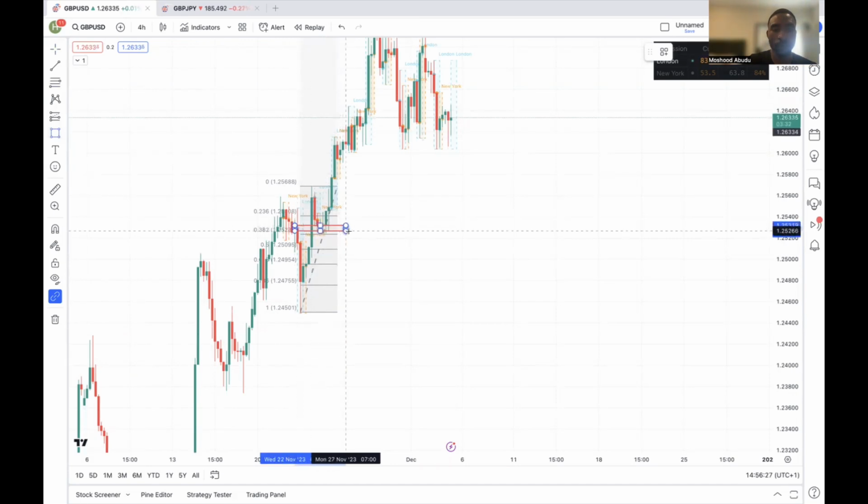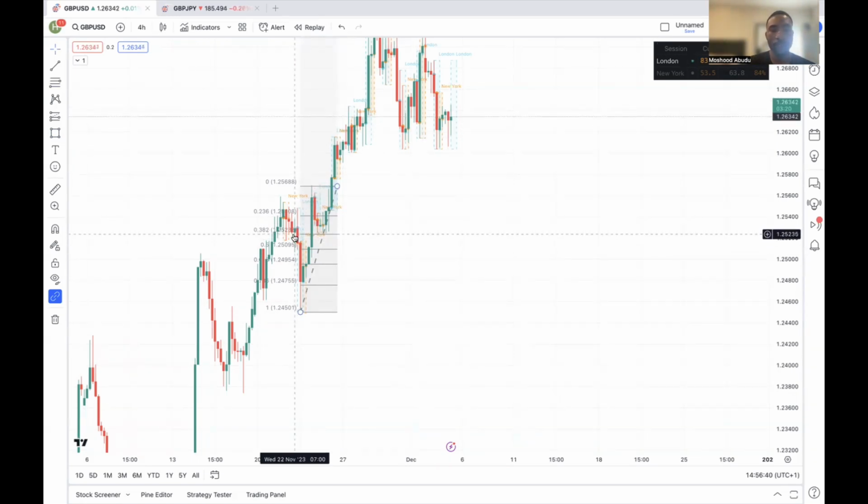When you look at this point, which candle do you see that is different? This bullish, green candle with a small body and long wicks. So we have the market rejecting this area.